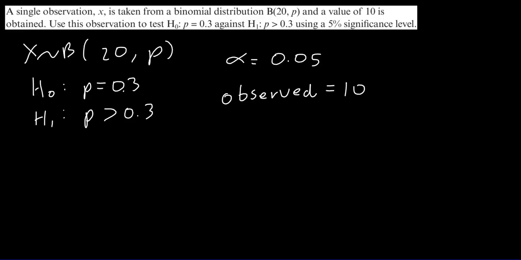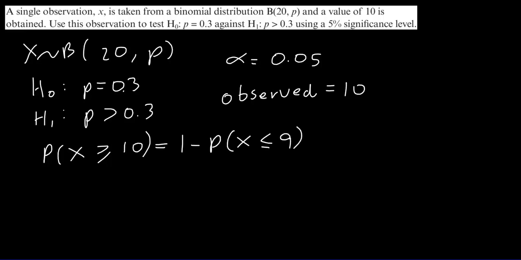Now for this hypothesis test, because p is greater than 0.3, we want to find out the probability that x is greater than or equal to the observed value, which in this case is 10. I can't find that out directly, but what we can do is say that is the same as 1 minus the probability that x is less than or equal to 9. At this stage I'm going to go over to the binomial tables.